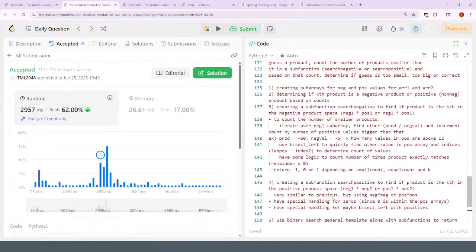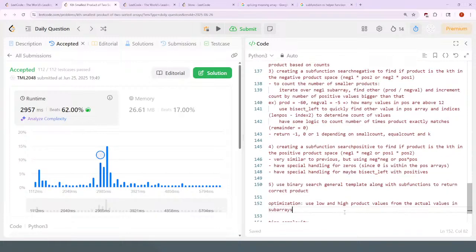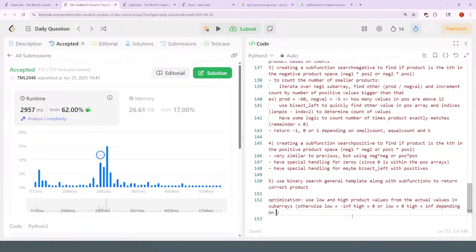Normally, if you were to not optimize here, your low would be negative infinity and your high would be 0, or low is 0 and high is positive infinity, depending on whether you're searching negative or positive.